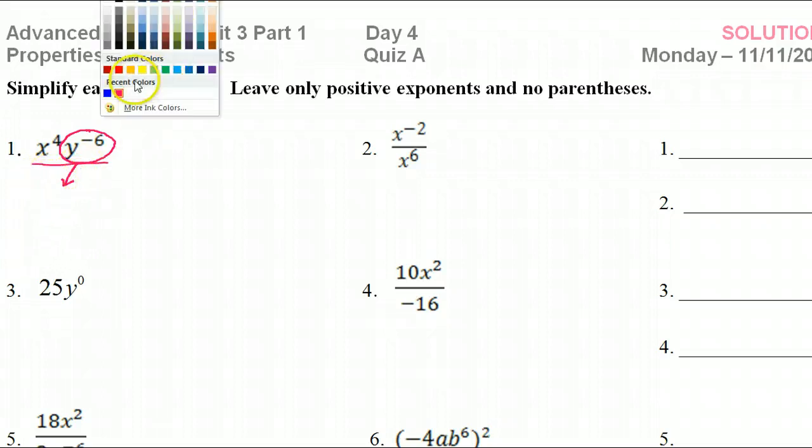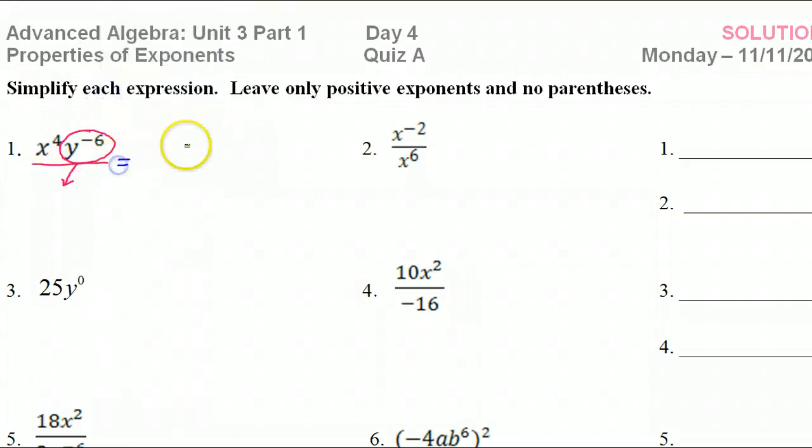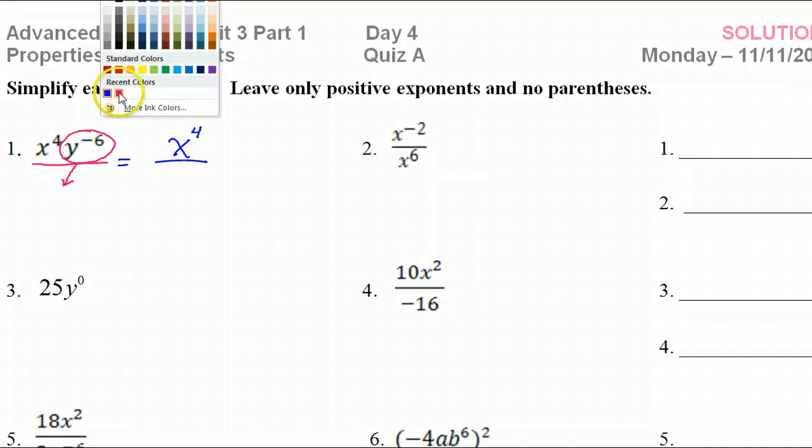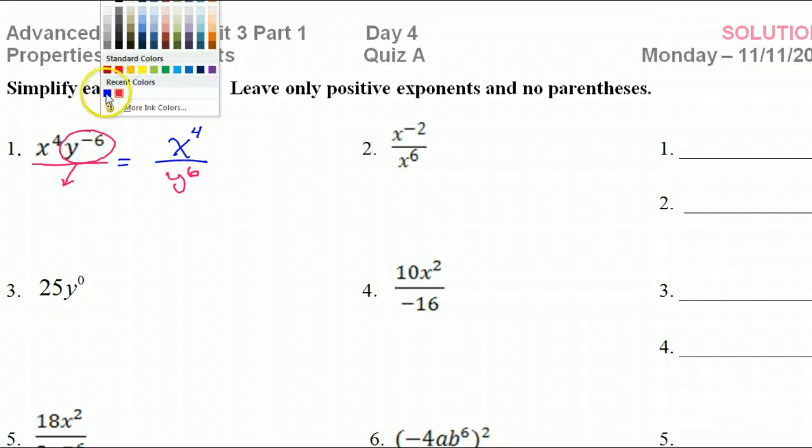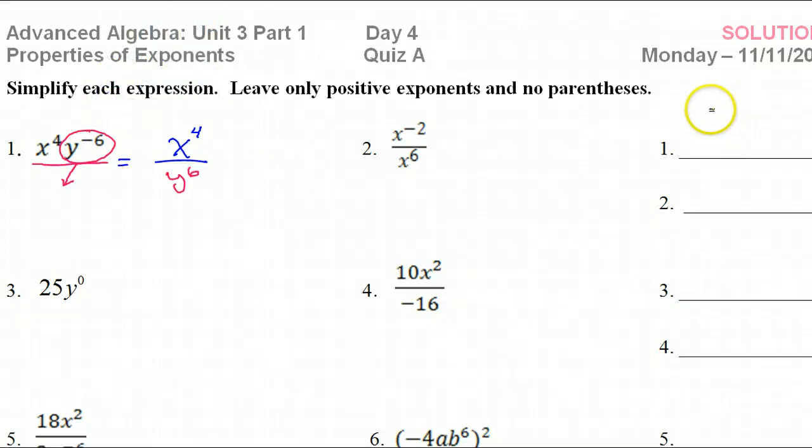So on the next step I will have x to the 4th power, because that stays right where it was, but the y to the 6th power drops down and becomes positive. And this is actually the final answer. So for number 1, you should have had x to the 4th power over y to the 6th power.